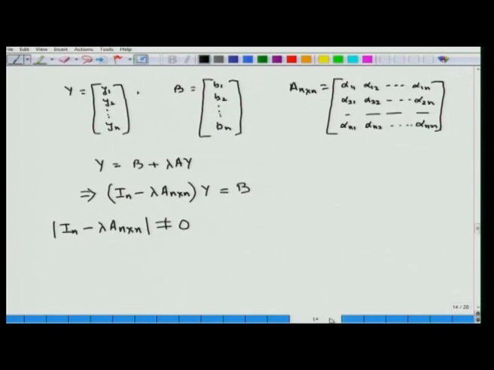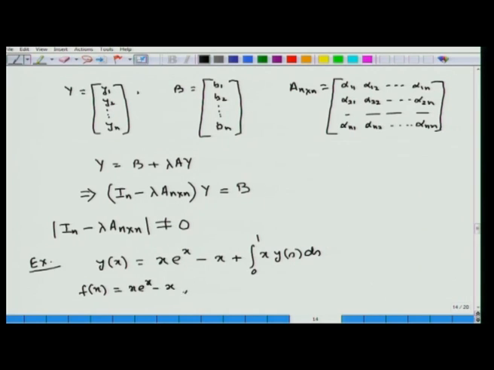Here we consider an example we can solve by this method. This is a very simple example: y(x) is equal to x e^x minus x plus the integral from 0 to 1 of x y(s) ds. Just for your understanding, f(x) is equal to, as usual, x e^x minus x.